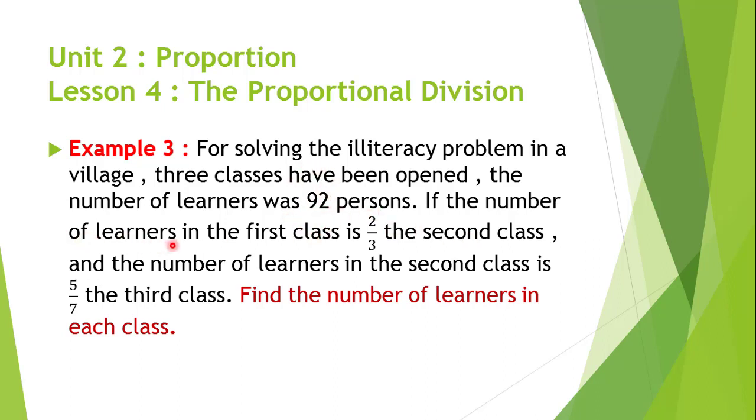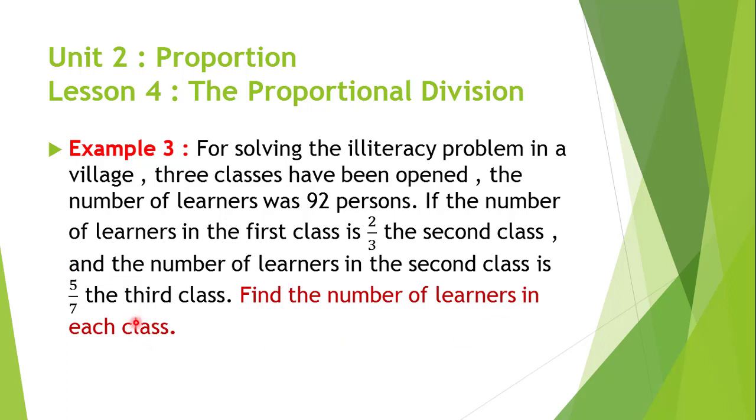If the number of learners in the first class is 2 over 3 the second class, it means first to second 2 to 3. And the number of learners in the second class is 5 over 7 the third class. It means second to third 5 to 7. Find the number of learners in each class.